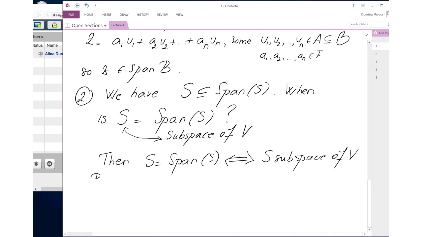So let's prove this last statement now. It is an if and only if statement, so I have to go in both directions. One of them will be very easy, and it's this one. Why is it so easy?